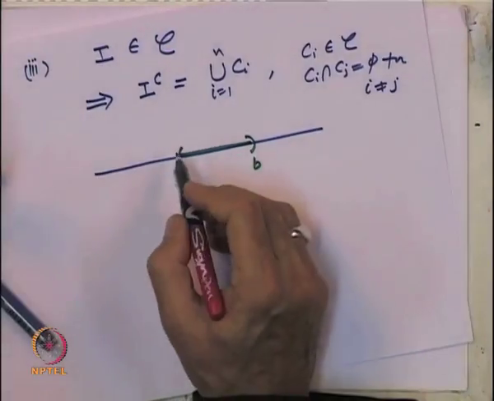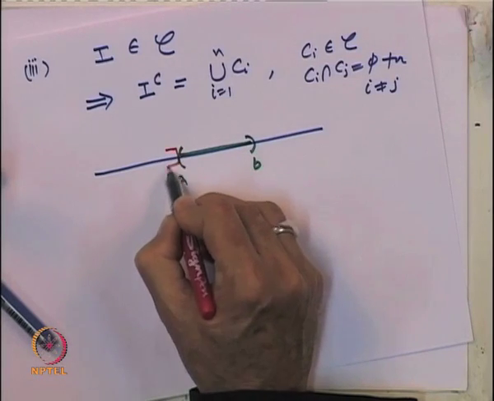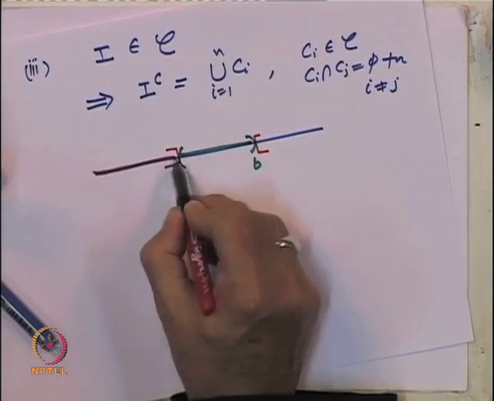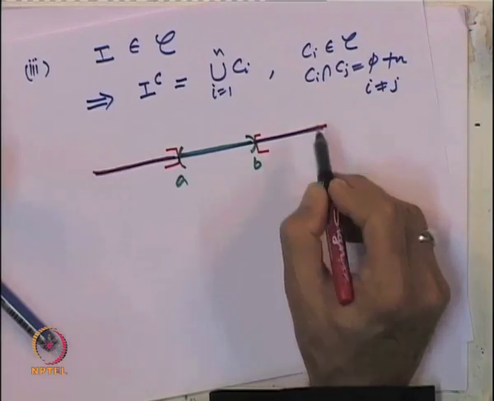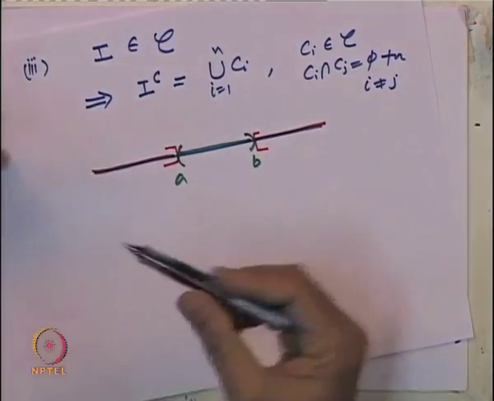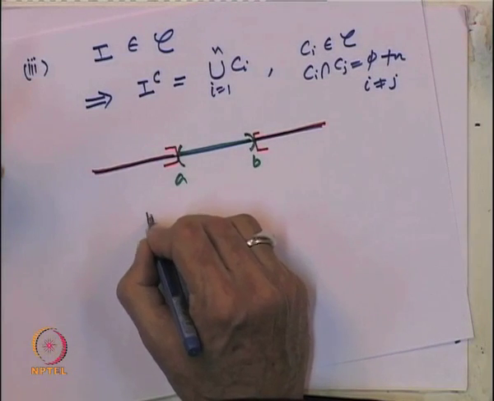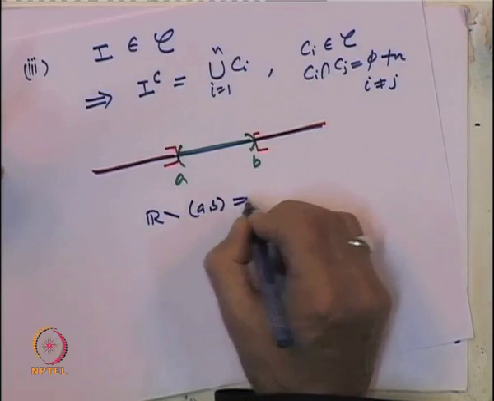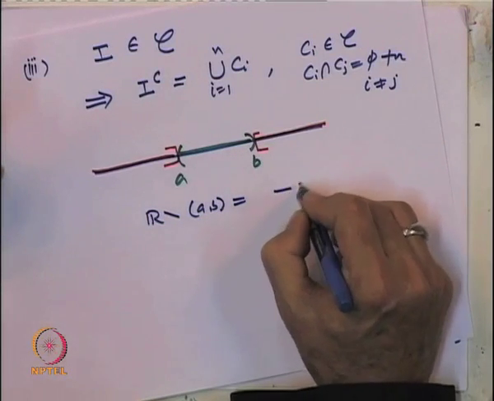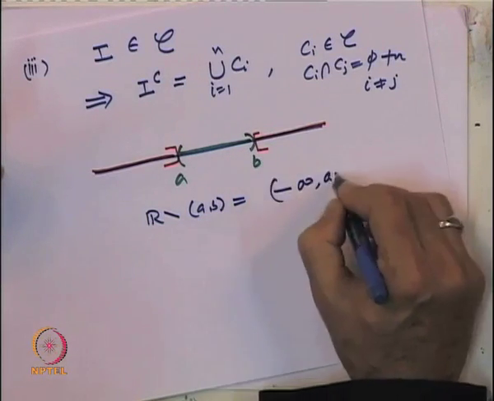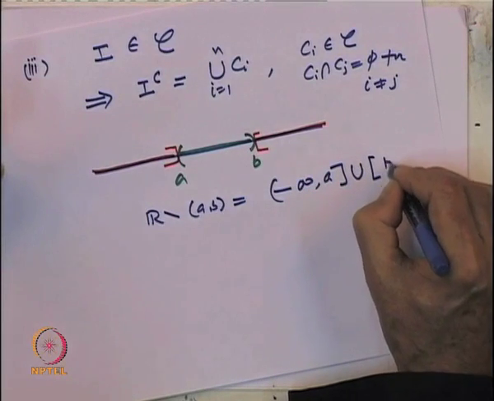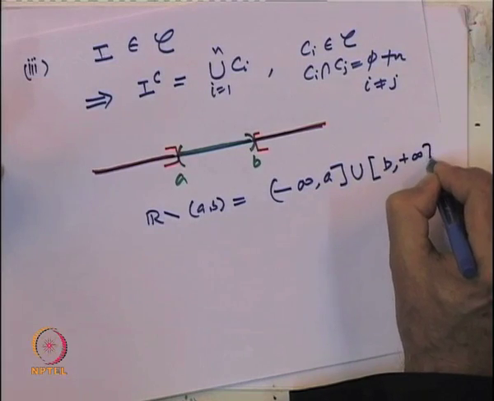In fact, the complement of this looks like two pieces, one on this side, the other on this side. So, for this I can write that the complement, R minus (a, b), is equal to (minus infinity, a] union [b, plus infinity).